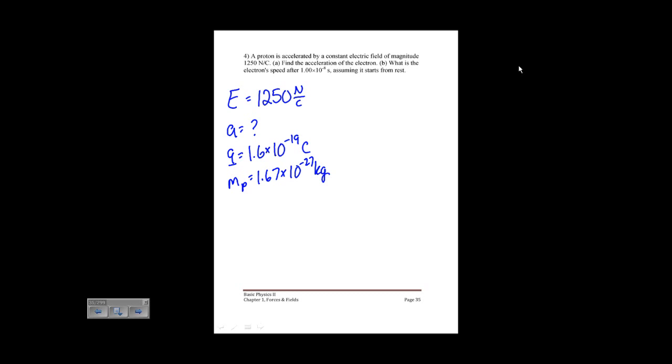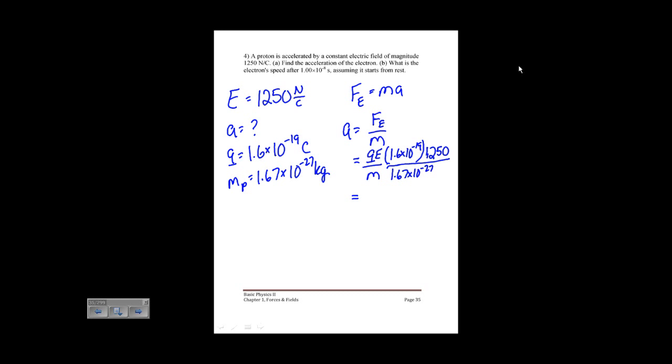Alright, we can do this first part. This is similar to what we've had before. The force due to the electric field from Newton's second law is equal to the mass times the acceleration. So the acceleration then is Fe over m. The electric force is QE over m, and I know all these values, so it's 1.6 times 10 to the minus 19 times 1250, which gives me units of newtons in the numerator, over mass, which is 1.67 times 10 to the minus 27 kilograms.